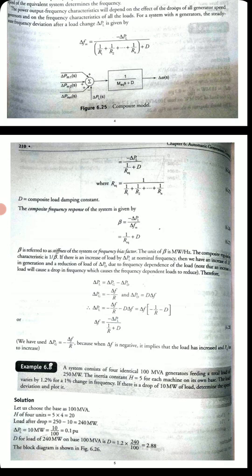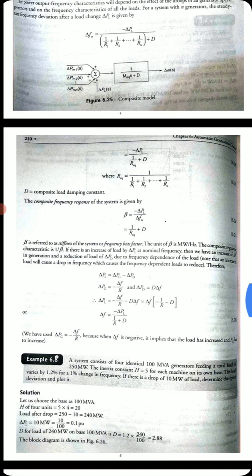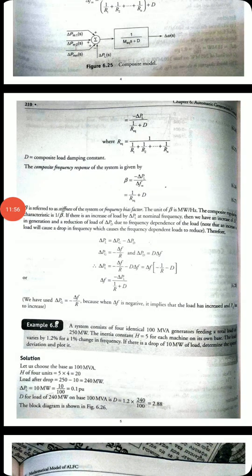Therefore delta PL is given by delta PG minus delta PD, where delta PG is given by minus delta F by R, and delta PD is given by D delta F. Therefore delta PL is given by minus delta F by R minus D delta F, which can be written as delta F into minus 1 by R minus D, or delta F is equal to minus delta PL by 1 by R plus D.